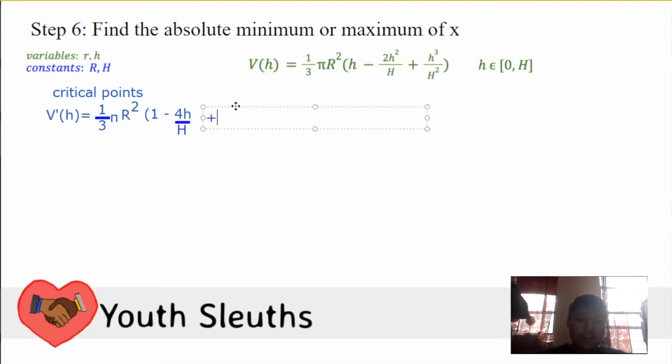So then we add, and then we derive the next one. We bring down the 3, so it's 3 little h squared, being divided by big H squared. So now that we derived that, to find the critical points, we set it equal to 0, and we have to isolate the little h.